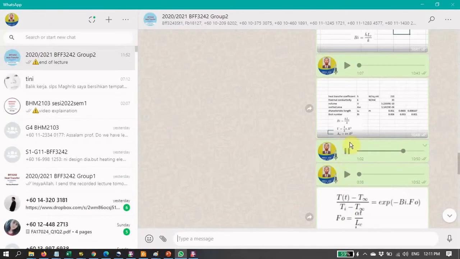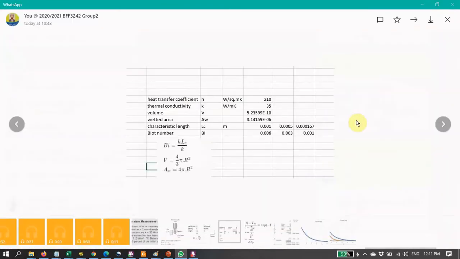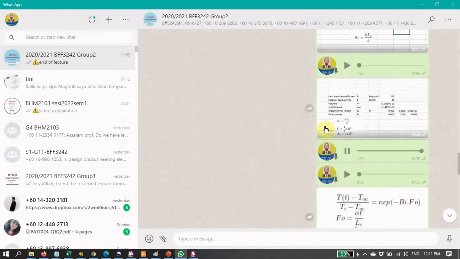But still, all of these characteristic lengths give a Biot number less than 0.1. So by this criterion, all will be considered a lumped system.